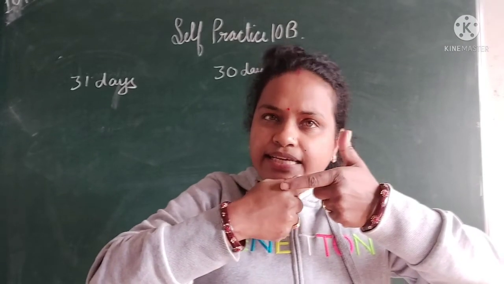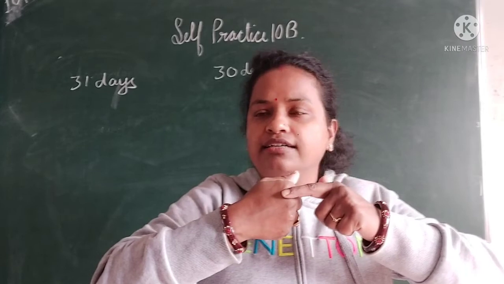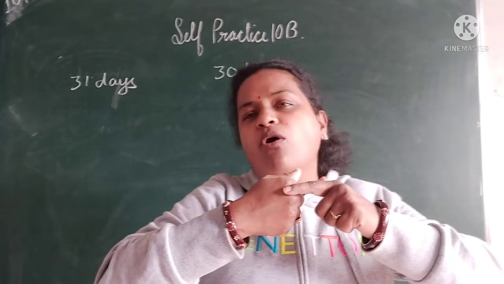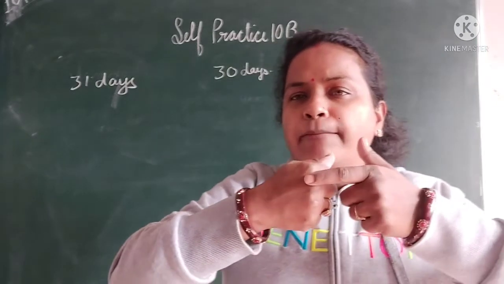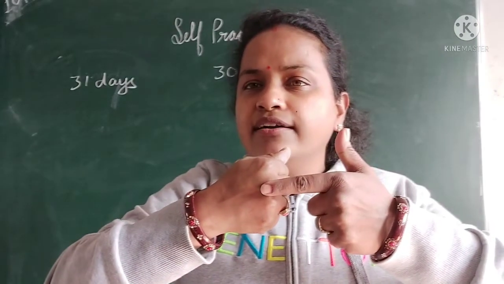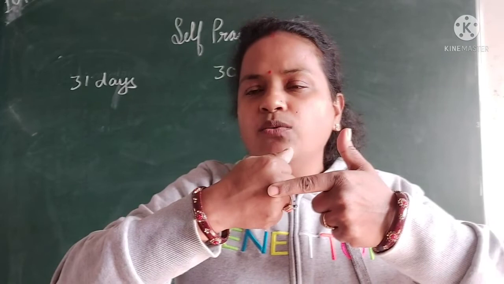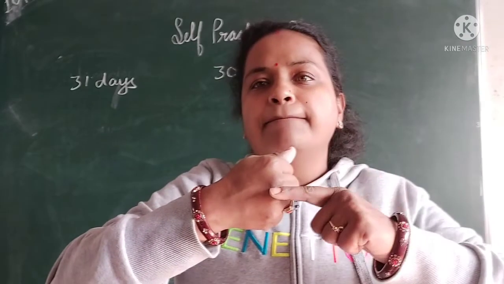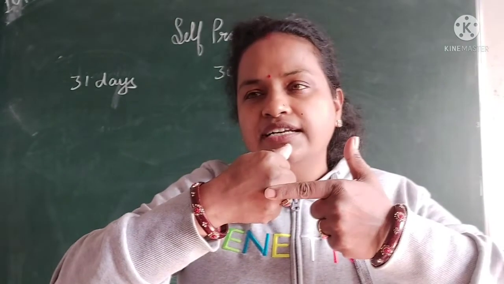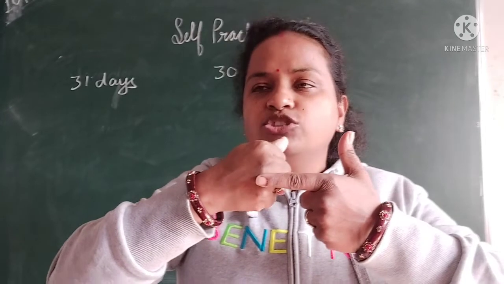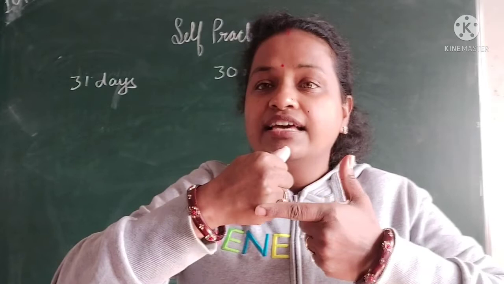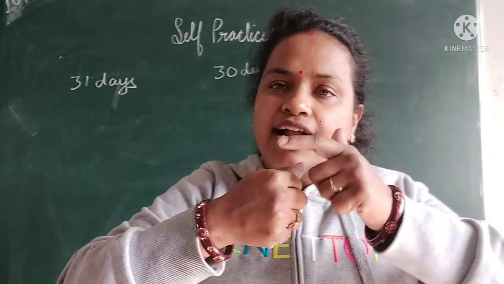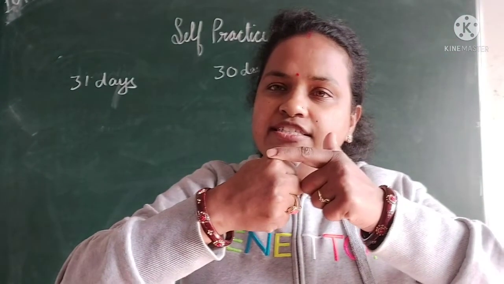Then a little bit it is downward side, na? 30 days. So February we all know that 28 days or 29 days. Leave it. March again came up, 31 days. April down, 30 days. May above, 31 days. June, 30 days. July, 31 days. Then come again to the starting, August, 31 days.